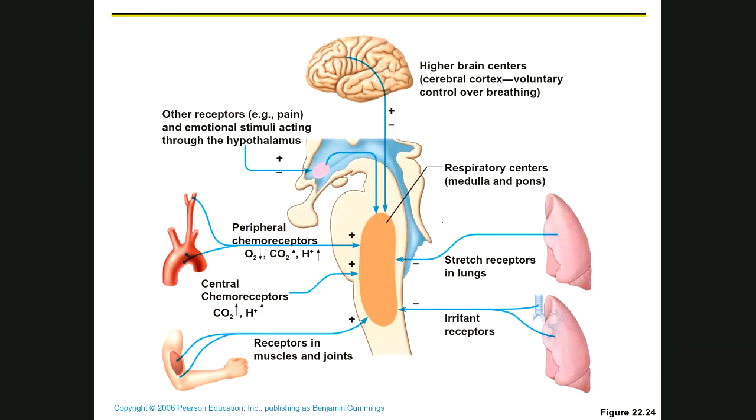It also is affected by receptors in muscles and joints, receptors in the lungs. And all those things also affect respiration. So when you start exercising, these receptors pick it up. And you'll actually start breathing faster before you get to the point of needing more air for your muscles.